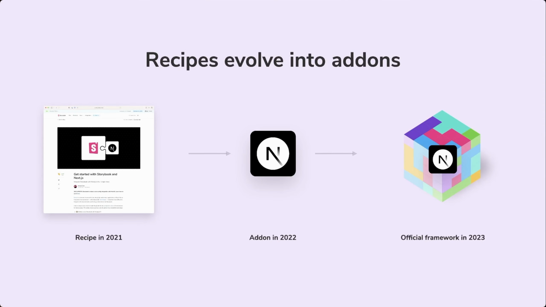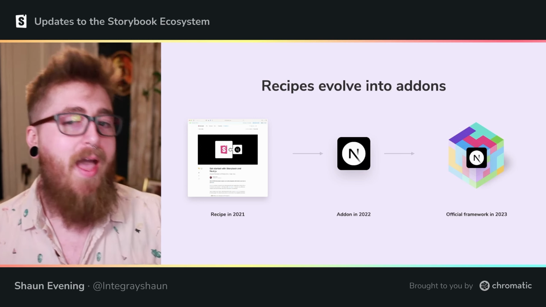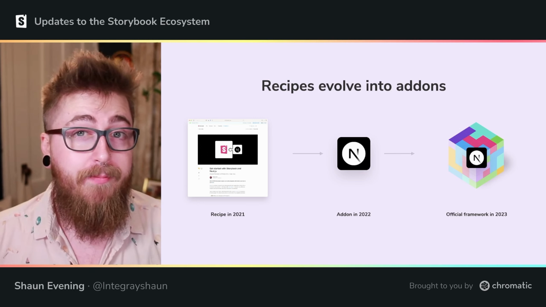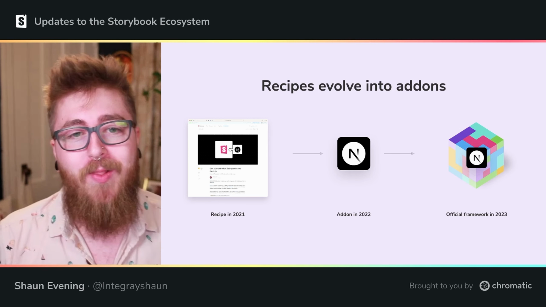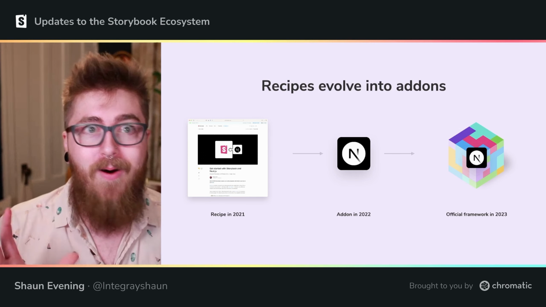But the most exciting thing about recipes, for me at least, is the fact that recipes have the opportunity to evolve over time. Let me give you an example. Back in 2021, our friend Michael Chan, also known as Chantastic, wrote a blog post for Storybook on how to set up Next in Storybook. It was a really, really long article with a lot of steps, but it was awesome.